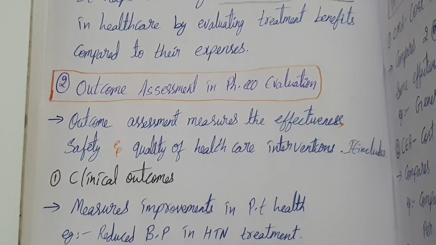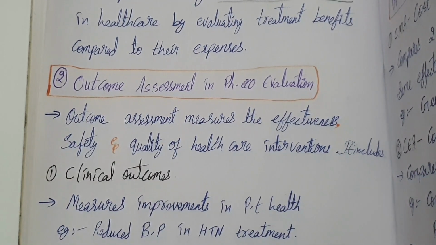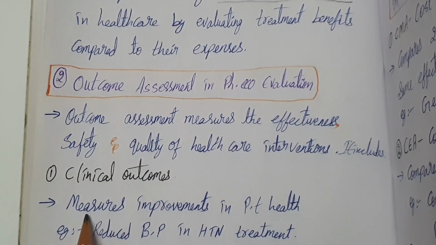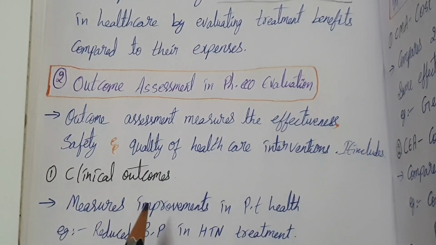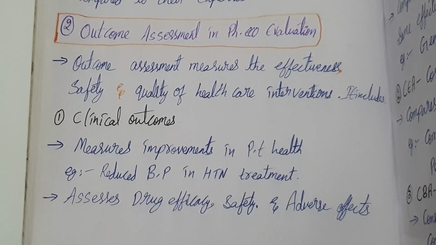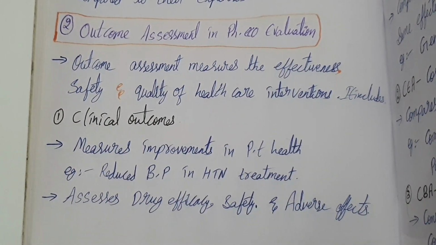Let's see the clinical outcome. It focuses on patient health improvements, for example, lowering blood pressure in a hypertension patient. It also looks at drug efficacy, safety, and adverse effects, that is, side effects.